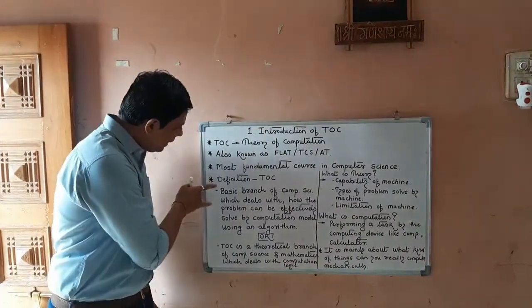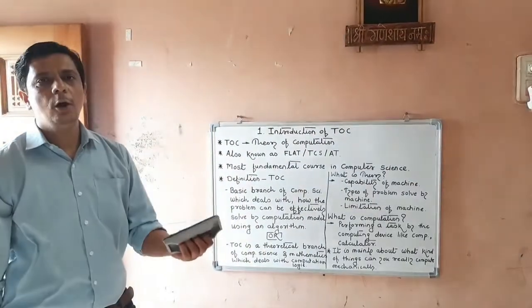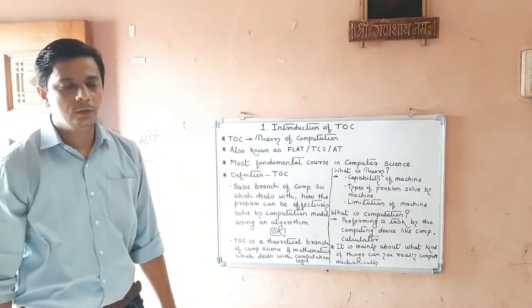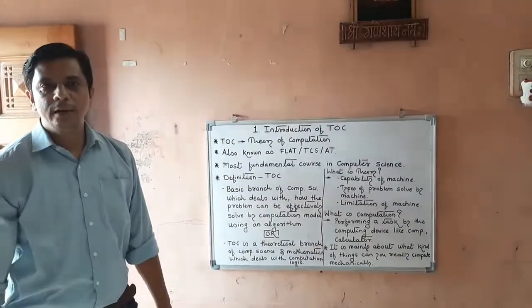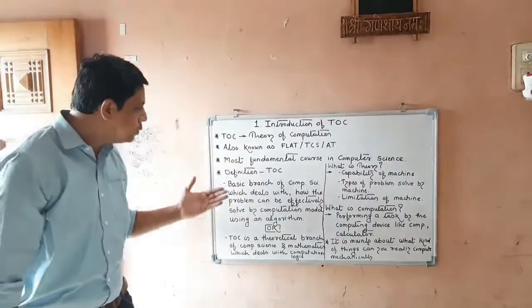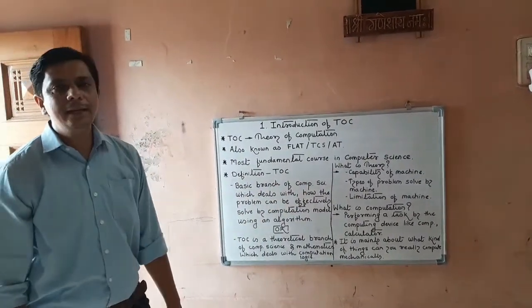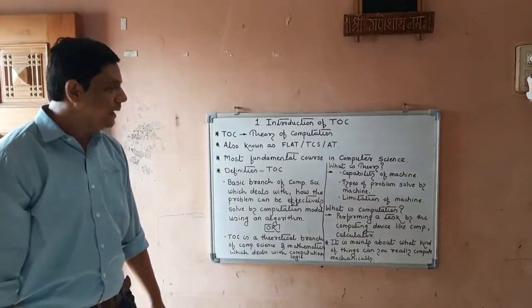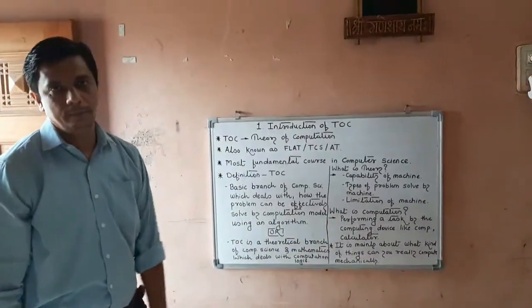The next point is the definition of TOC. What is the meaning of Theory of Computer Science? TOC is a basic branch of computer science and it deals with how a problem can be effectively solved by a computation model using an algorithm.